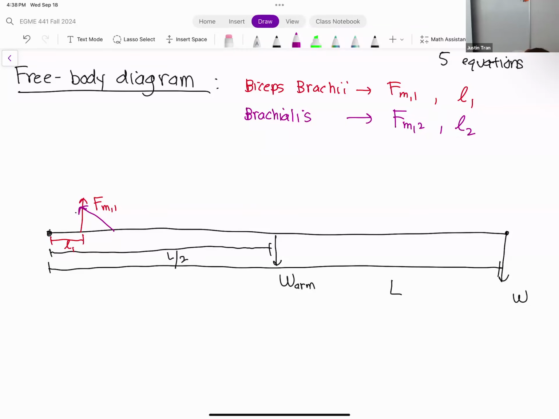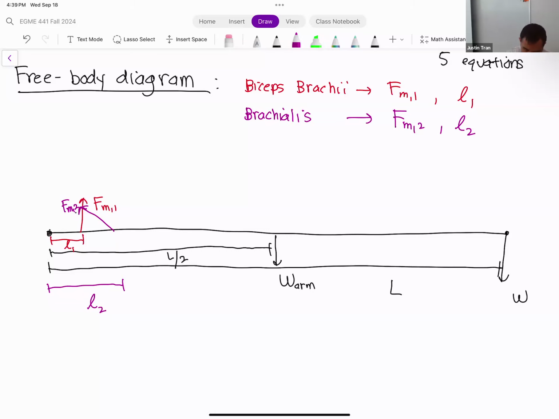So in purple here, we have FM2, and this distance is L2. A lot of parameters in a small space, so I'm trying to arrange them so that you can see all of them.